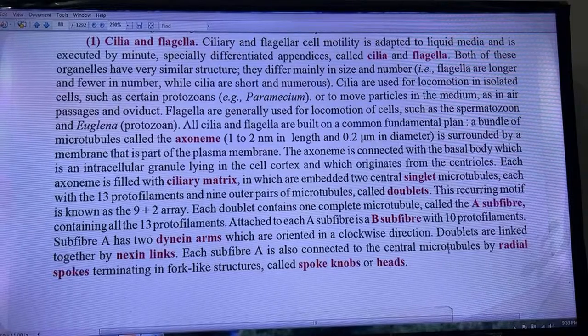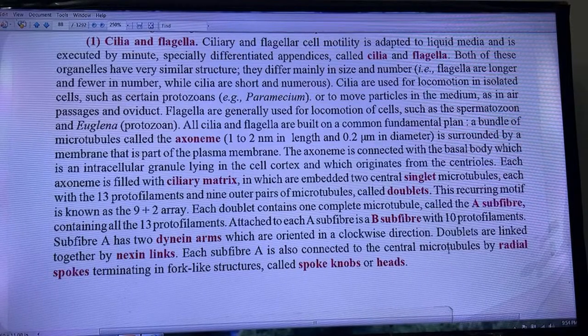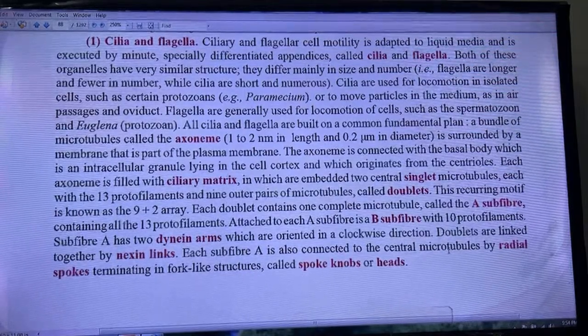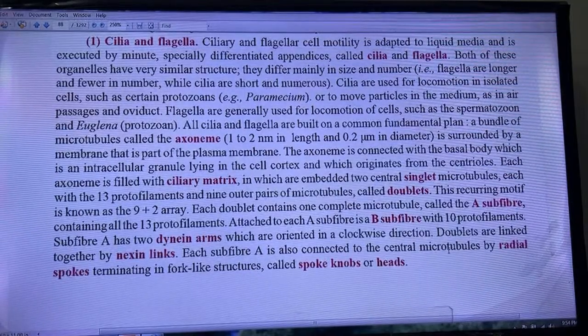Each axoneme is filled with ciliary matrix, in which are embedded two central singlet microtubules, each with the 13 protofilaments, and 9 outer pairs of microtubules called doublets.